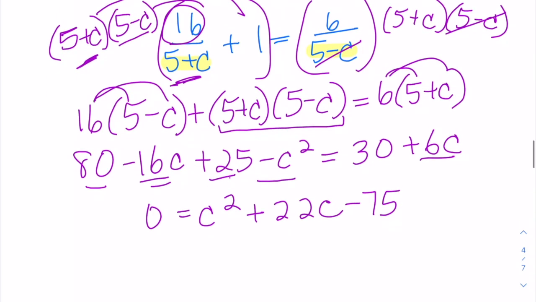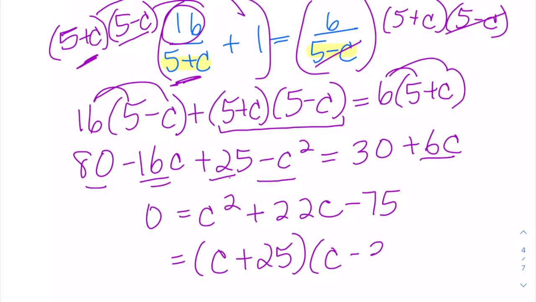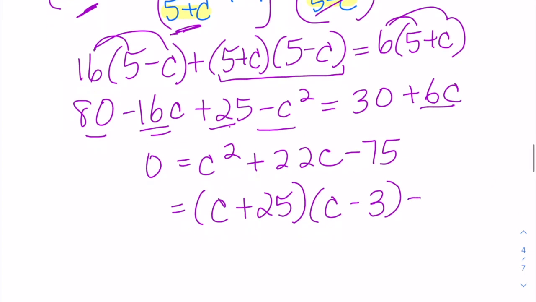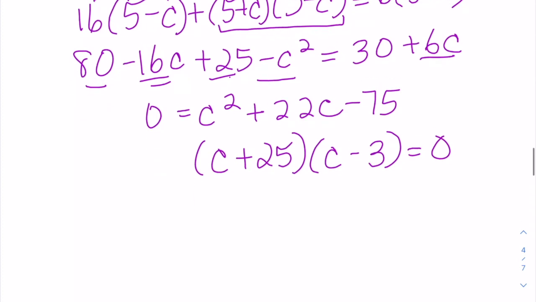Okay, so now we're looking for two numbers that add to make 22 and multiply to make negative 75. So that factors into c plus 25 and c minus 3. I'll put the equals 0 over here on that right side. So now we can separate each of these, and so we have c equals negative 25 and c equals 3.